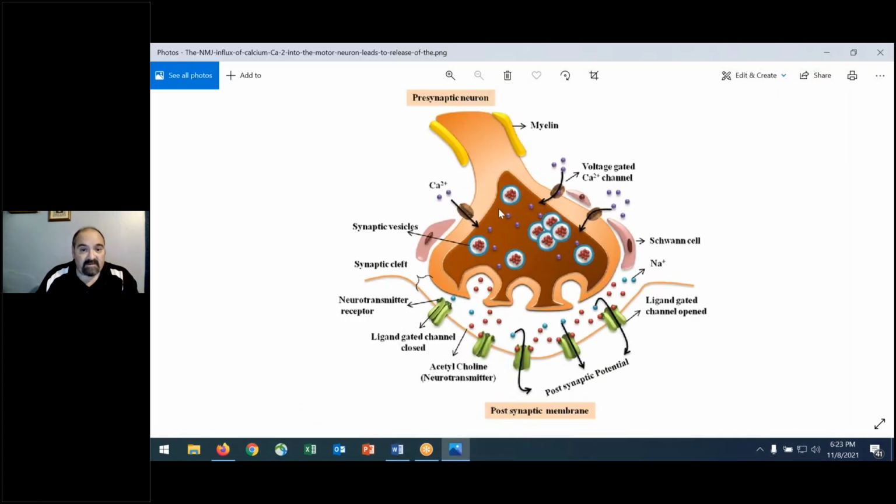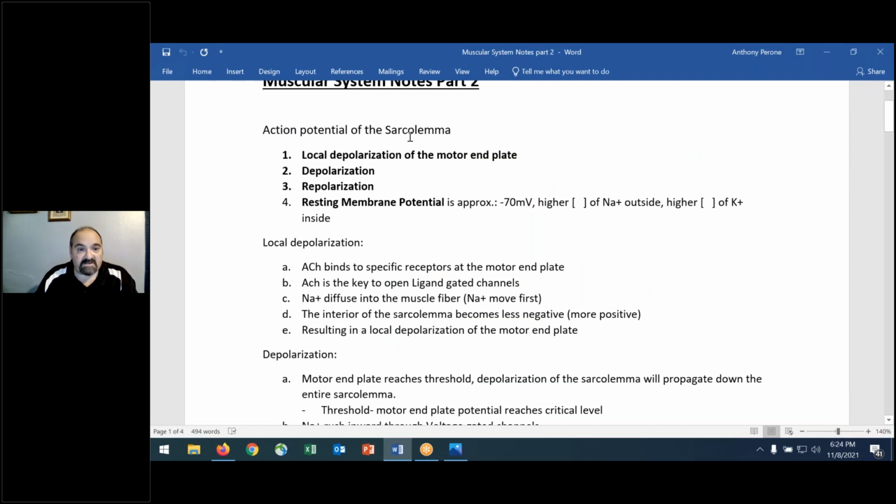Remember that here we have a presynaptic electrical event. At the synapse, in the synaptic cleft, we have a chemical event. And then on the postsynaptic side, on the motor end plate of the skeletal muscle, we also have an electrical event, okay? So you'll see here, as far as the sarcolemma, the plasma membrane of the muscle fiber, the muscle cell, there's a local depolarization that begins at the motor end plate.